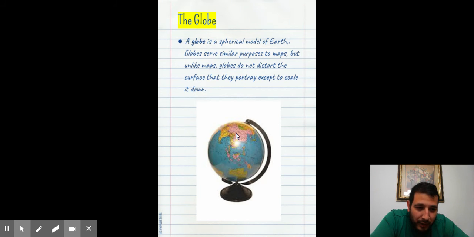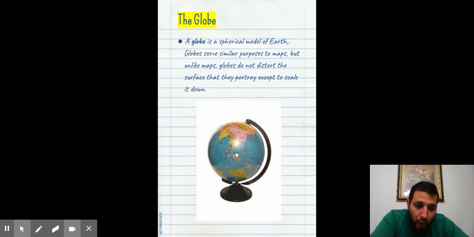These ones are a little better because they don't distort. Distort means to get out of place, like a filter on Facebook, or I don't know what other social media accounts use this, Instagram or Snapchat. They distort your picture to make you look better or worse, depending on who you're taking the picture of.